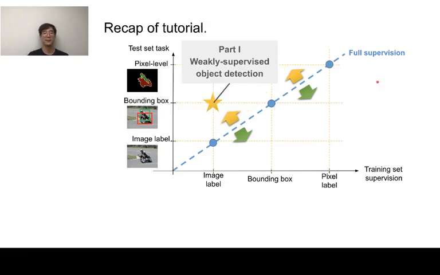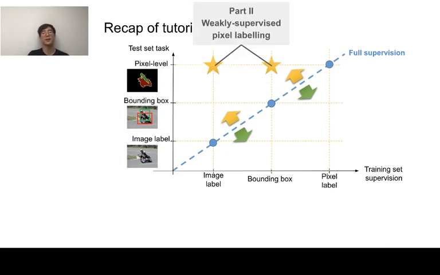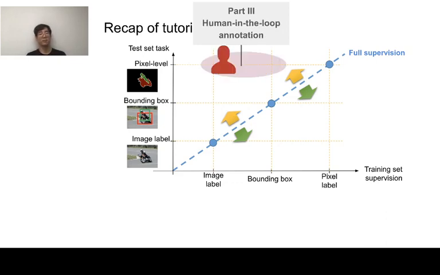So we briefly recap the tutorial. Part 1 was about going from image level labels to bounding boxes. It's called weakly supervised object detection. And part 2 was about going from image level labels or bounding boxes to pixel level outputs. Part 3 was a bit special.